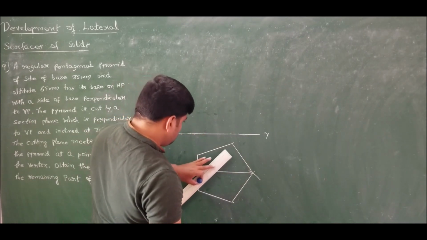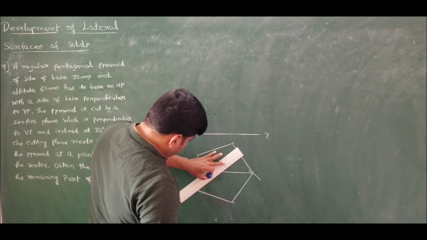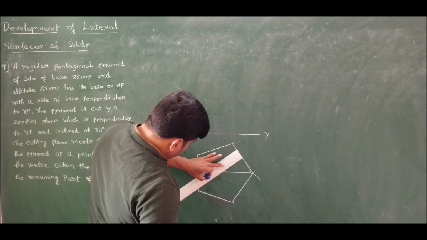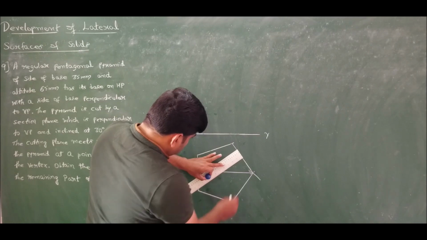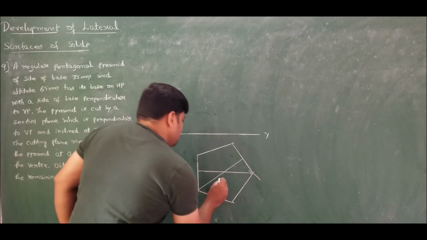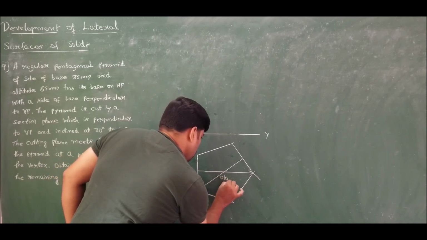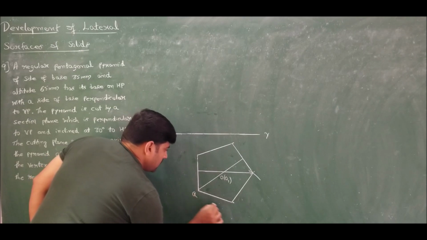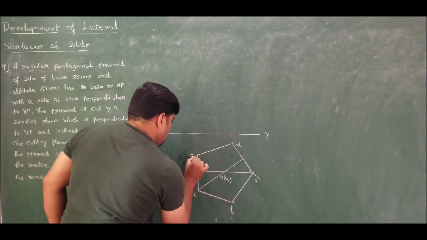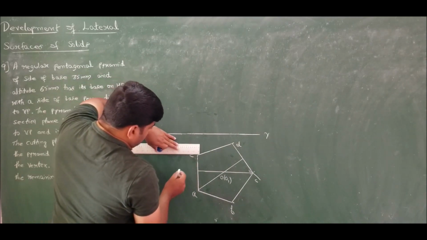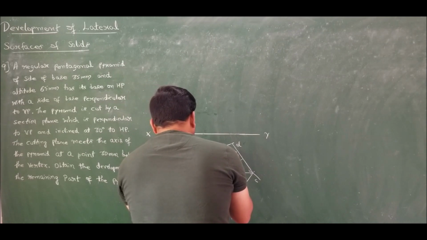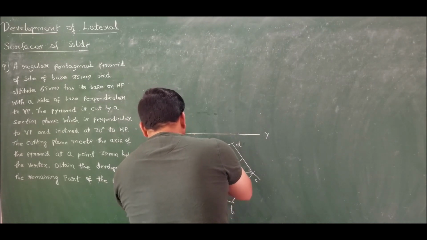So I'll take one more from here, and mark it as O1, and call the corners A, B, C, D and E. The dimension of this is 35 mm, which is given in the question.